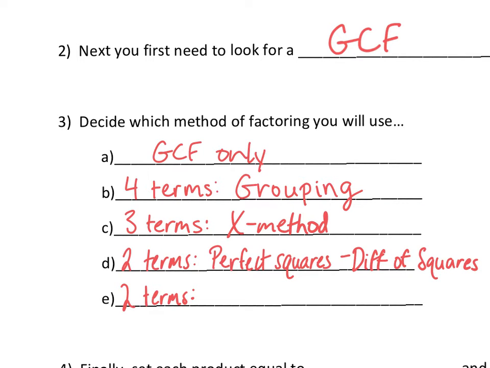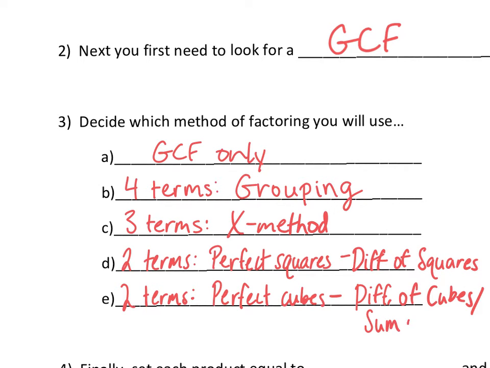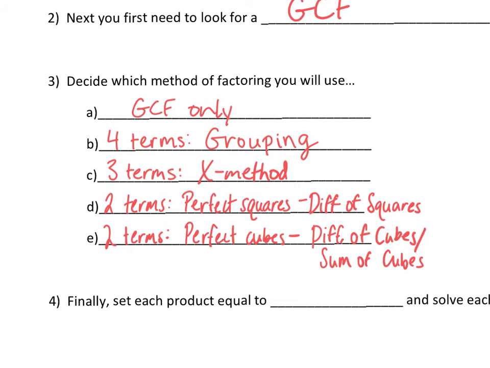Okay, so if we have 2 terms and they're both perfect cubes, we call that difference of cubes, right? Or what? Sum of cubes. We could have either. And that's it, right? That's all we've learned so far. That's all we're doing today, okay?